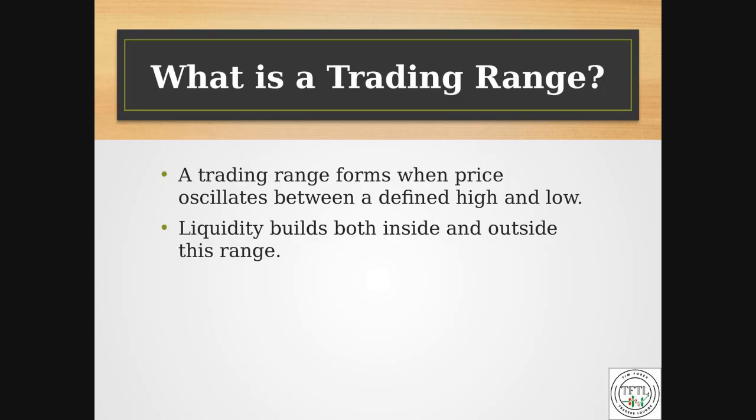Therefore, inside the range, traders place stops above minor highs, stops below minor lows, and breakout orders near the edges. These create layers or clusters of liquidity, like what we discussed in the previous video that I posted on Monday. The market often clears this liquidity gradually.